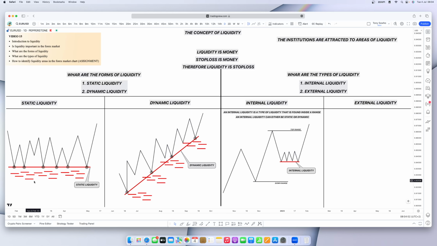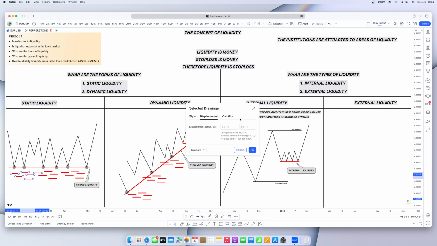See it now? So let me do this. Okay. And do we have displacements? No. Okay.